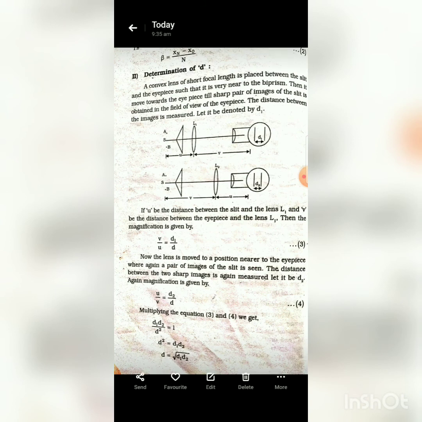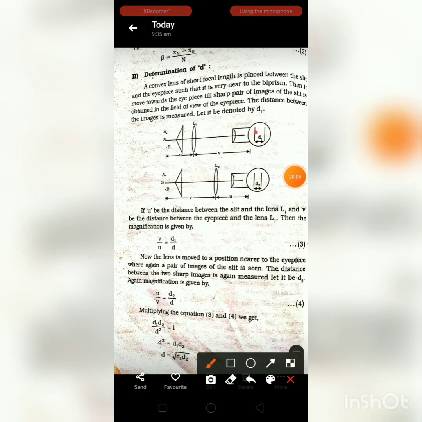Next, the distance between the images is measured, and that is denoted by d1. When the pair of images is formed at the eyepiece, we can see the micrometer in the eyepiece. That distance is small d1.